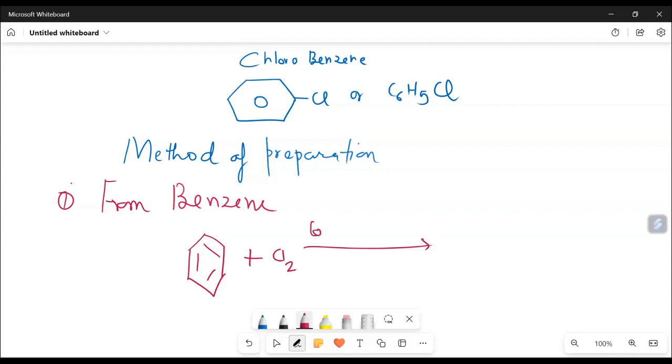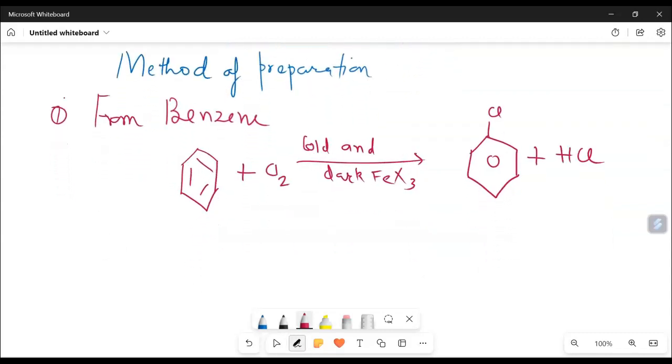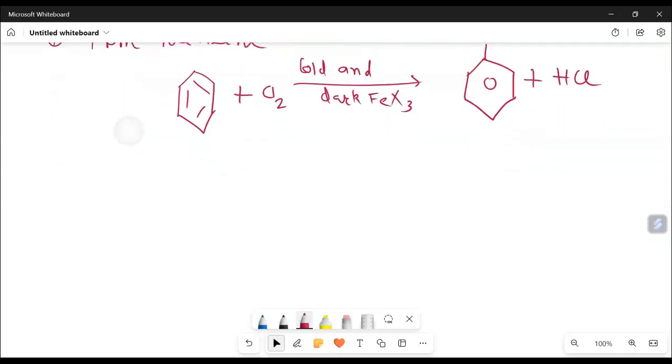The reaction follows in cold and dark, with FeX3. It could be FeCl3 or whatever. It will form chlorobenzene, plus HCl is removed. So this is the reaction that follows when benzene is treated with Cl2; it will form chlorobenzene.